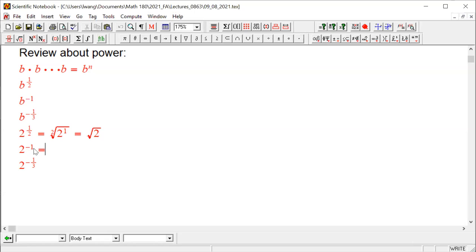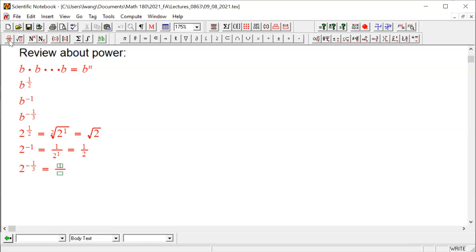How about 2 to the power negative 1? 2 to the power negative 1 is 1 over 2 to the power of 1. And this is really 1/2. Have we seen that before? Yes, okay, good. I will assign you exercise for you to refresh this piece, okay? And 2 to the power negative 1/3.